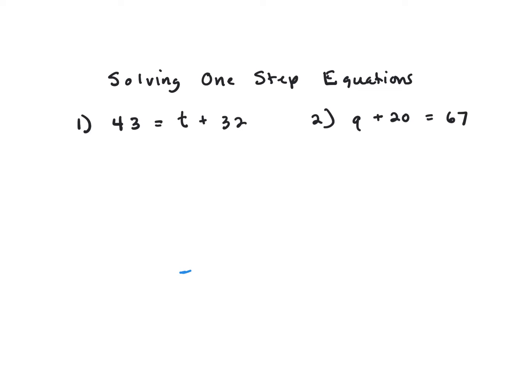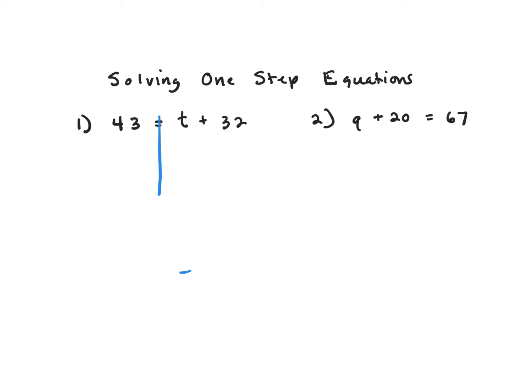So we're going to start by building our wall. Remember, we always go to the side that has the variable because that indicates what we need to do. I see t plus 32, so we're going to undo plus 32, or basically zero it out, by doing an inverse operation.